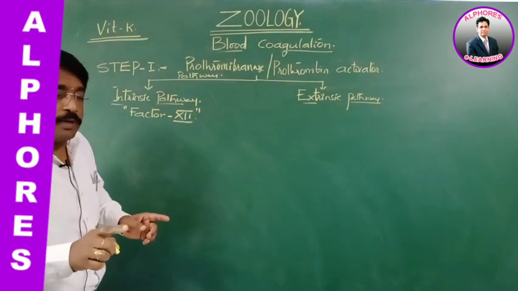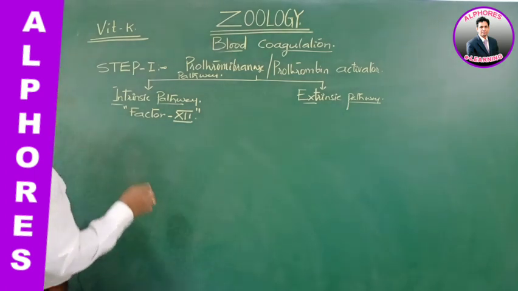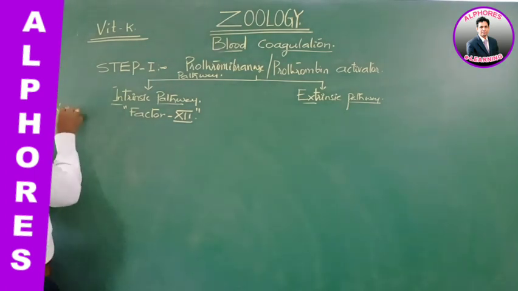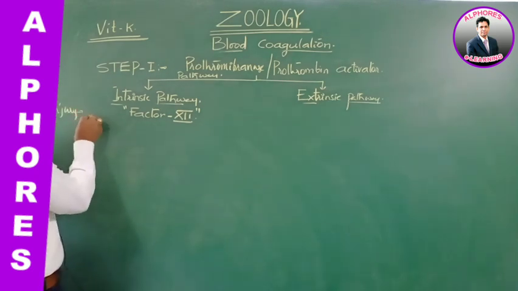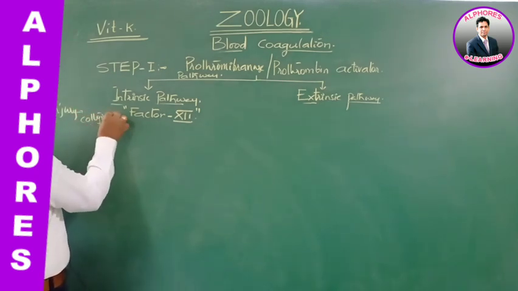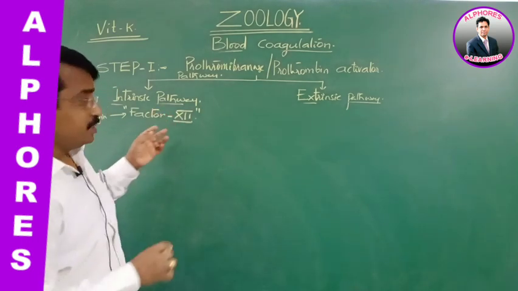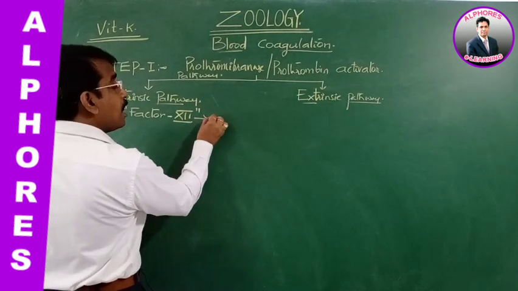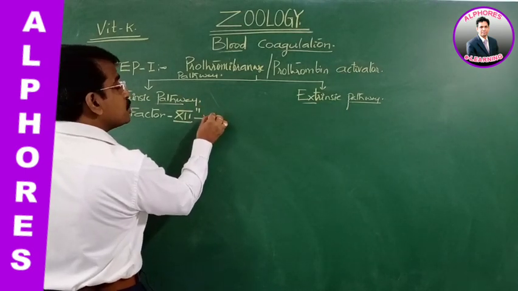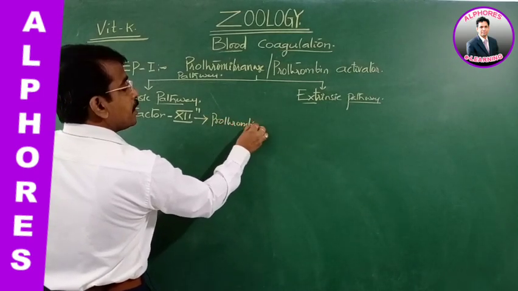This factor 12 activates the other factors. First, injury causes the release of collagen fibers. These collagen fibers stimulate factor 12. This factor 12 stimulates the other factors to synthesize prothrombin activator.